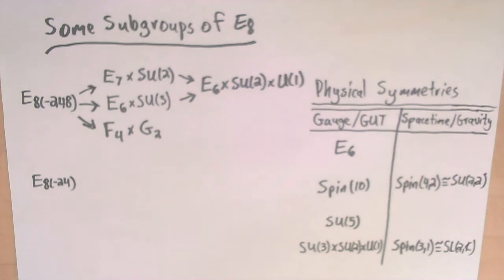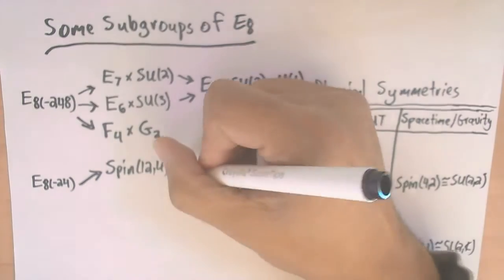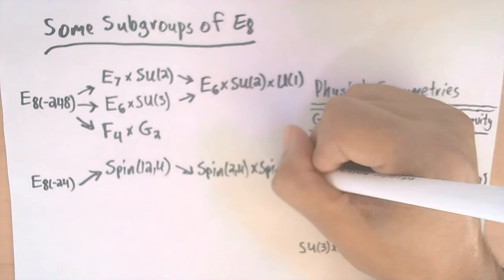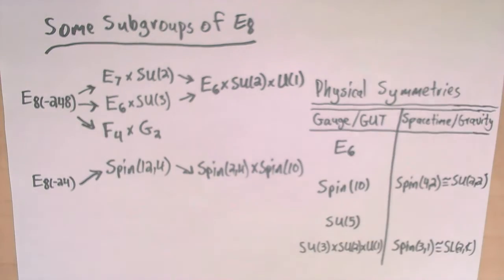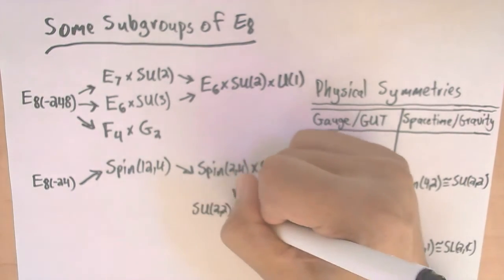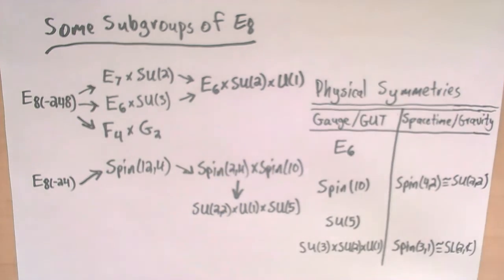Focusing on the non-compact E8(-24), we can break to Semi-Spin(12,4), which can break to Spin(2,4) cross Spin(10). This is curious as it contains the conformal group in D equals 3 plus 1, as well as Spin(10) for grand unified theories. Additionally, Spin(10) can break to SU(5) cross U(1), leaving behind the conformal group.